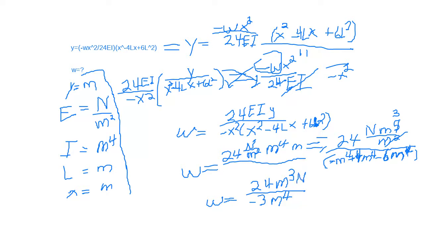Dividing exponents, you subtract. And 24 divided by 3 is 8. So our answer here would be negative 8 newton meters. And that is your answer.